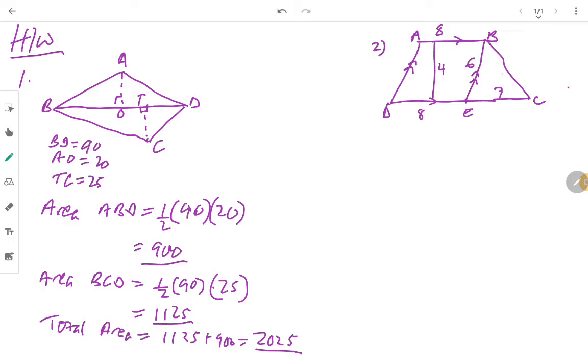This is just 8 times 4, which is 32. The area of ABED is just the base, 8, times perpendicular height, which is 4. And that equals 32.